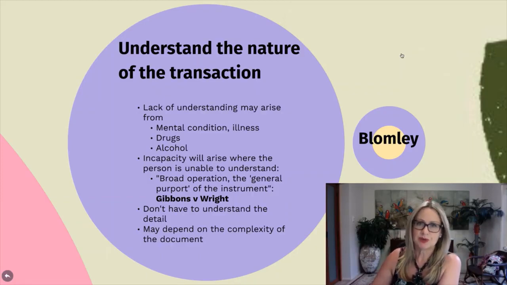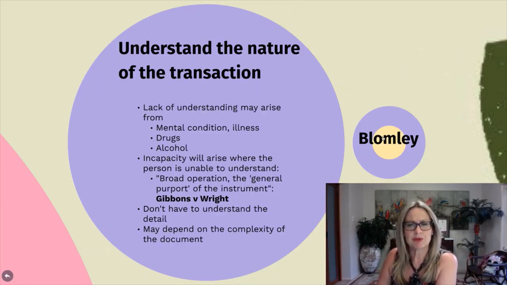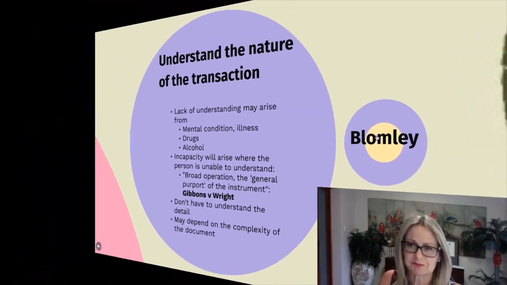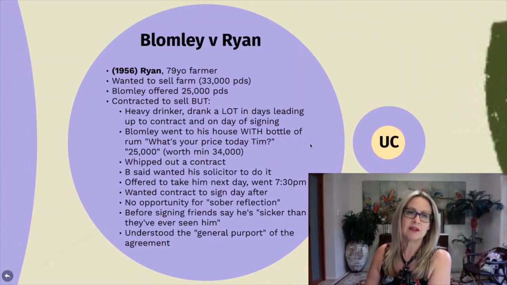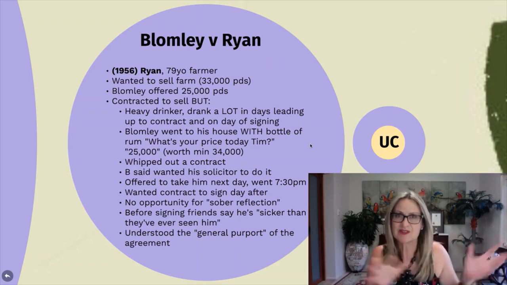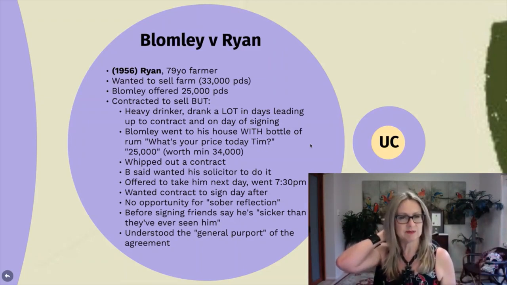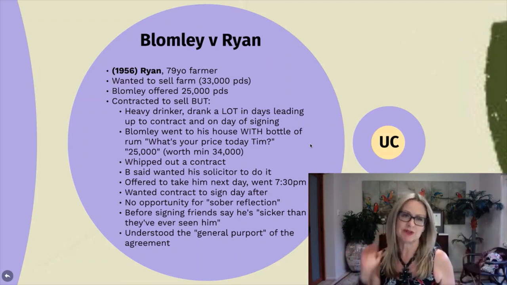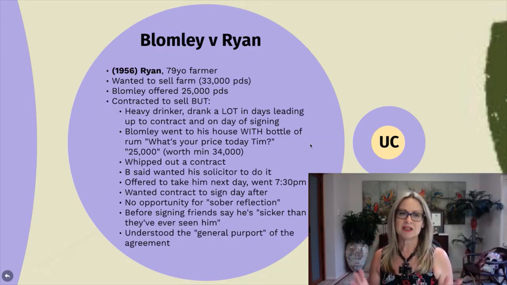And I want to go through this case just because it outlines quite neatly the quite high bar that you need to get over in order to show that you didn't understand the nature of the transaction. So this, again, 1950s, so it's kind of getting towards this real frenzied activity in terms of capacity to consent that was going on in contract law for about that 100-year period, as I said.